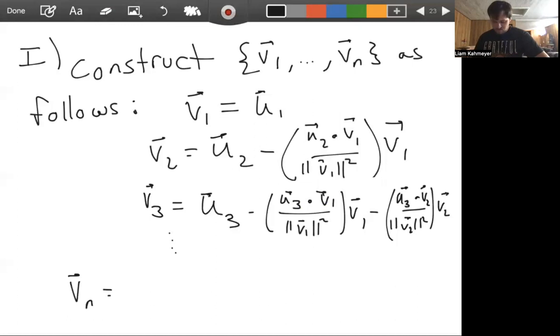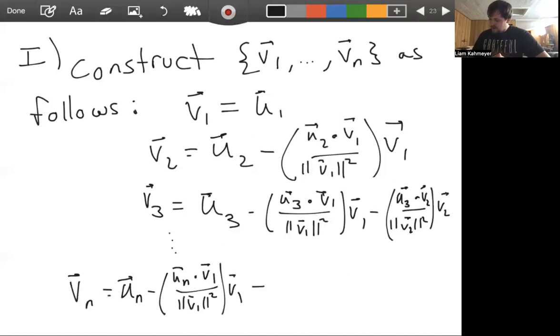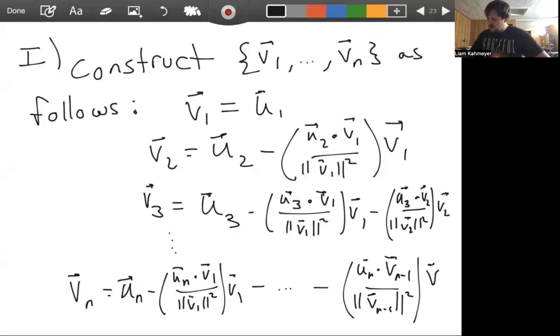And the last one gives you a generalized formula here: un minus un dot v1 over the magnitude of v1 squared times v1, minus, et cetera, all the way up to un dot vn minus 1 over the magnitude of vn minus 1 squared times vn minus 1.